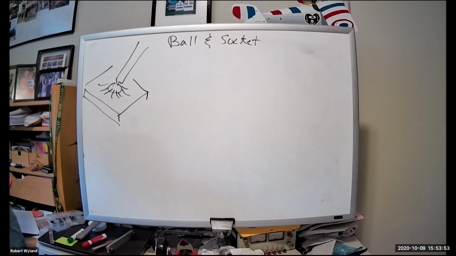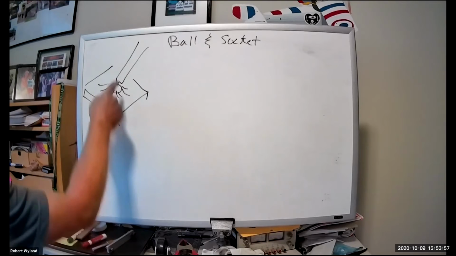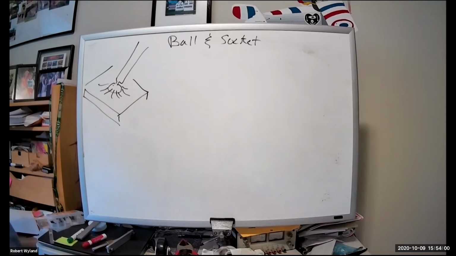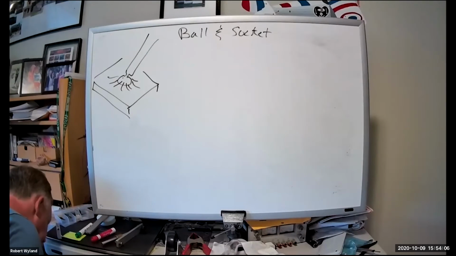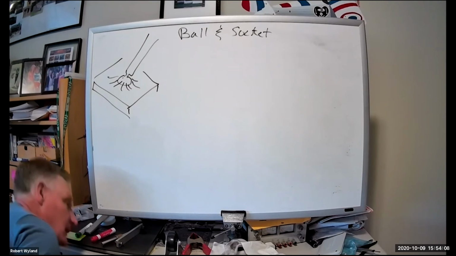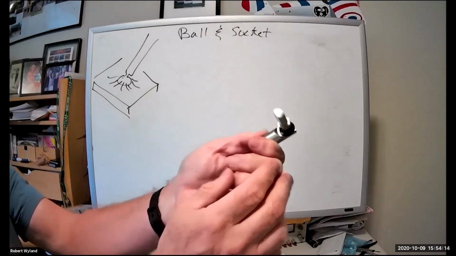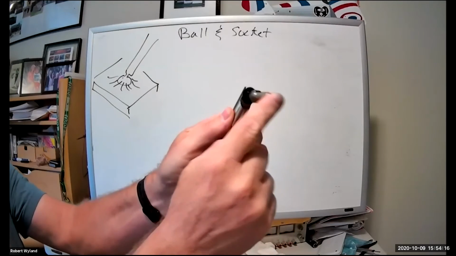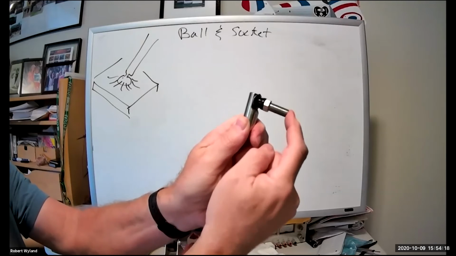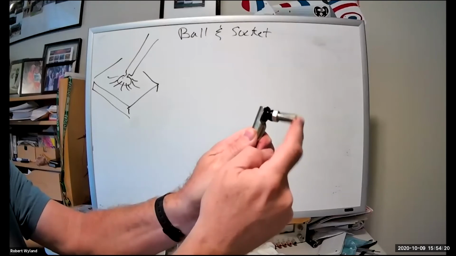And for those of you that have hatchbacks that lift up in the back with gas struts, usually at one end, we'll have a ball and socket attachment. Now I've got a very tiny ball and socket arrangement here. So I'm gonna hold it, hopefully not too close. This is a ball and socket arrangement.